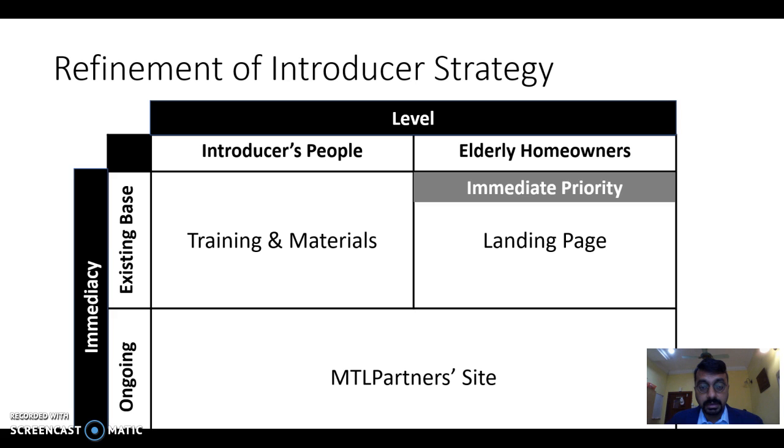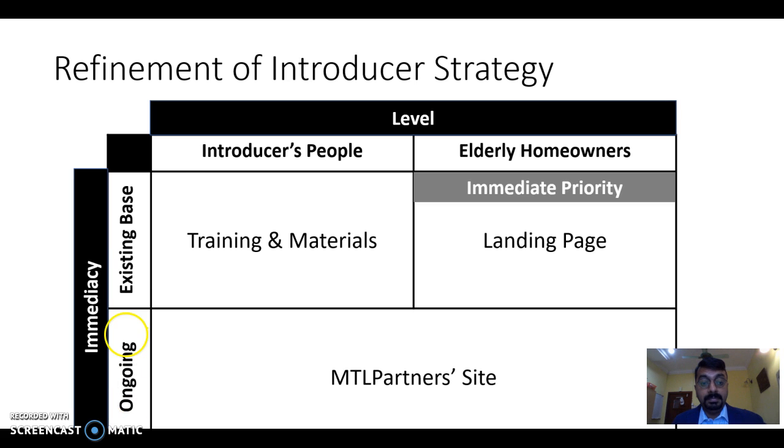They've already had their will written, and they're ongoing customers, and maybe they will refine their will in future years. So they already have them in their database. That's what I call existing base here under immediacy. Ongoing is new customers that come online. So they don't have an existing customer A, but he comes online in maybe 6 months or 1 year from now.